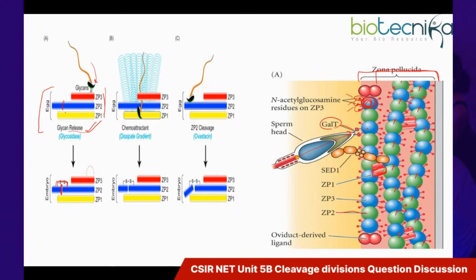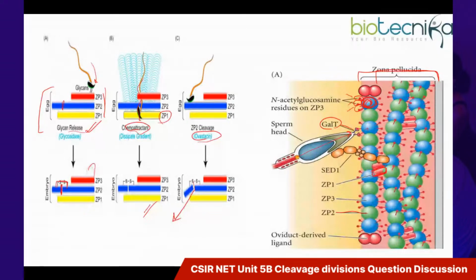There is a breaking in that part of ZP2, and in ZP3 also some changes will be there. If you have a chemoattractant, you can see the sperm is able to come to ZP1, so there no changes are happening. But if you see here, once this ovastatin is released, because of which you can see this part is completely clipped off. Okay, it has been taken off.